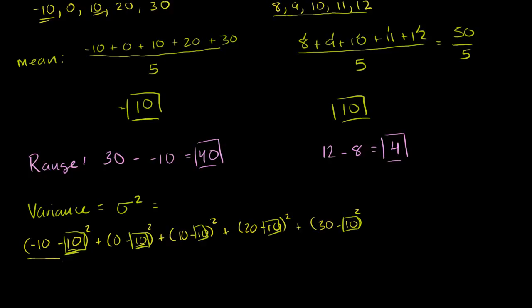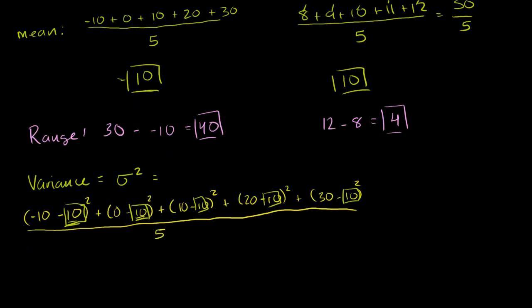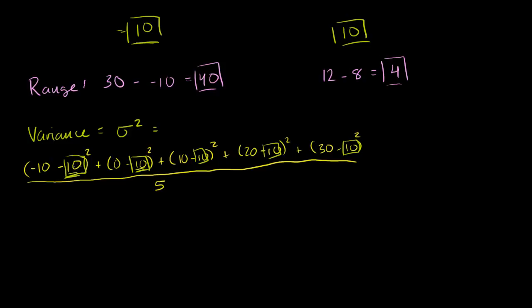So when you say it verbally, it sounds very complicated, but you're just taking each number, finding the difference between that and the mean, squaring it, and taking the average of those. So I have 1, 2, 3, 4, 5 data points, so divide by 5. So what is this going to be equal to? Negative 10 minus 10 is negative 20.